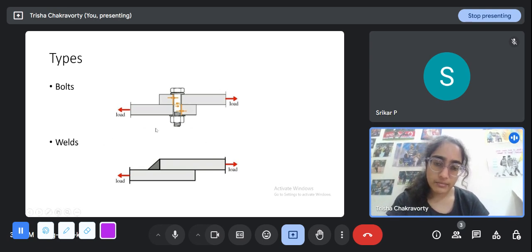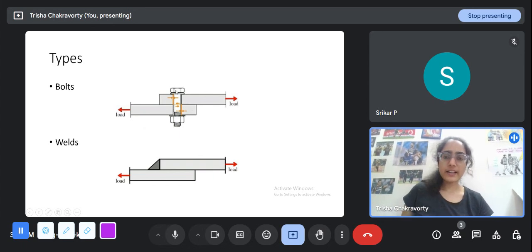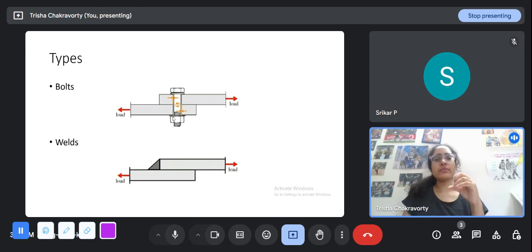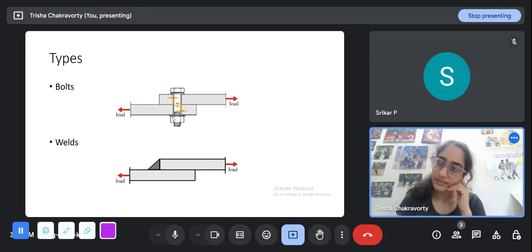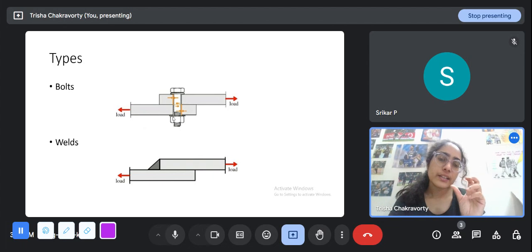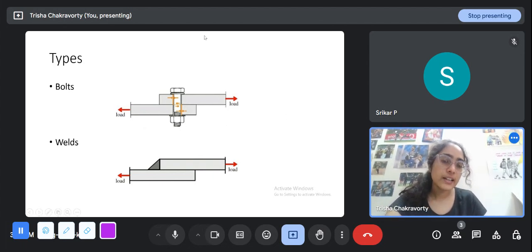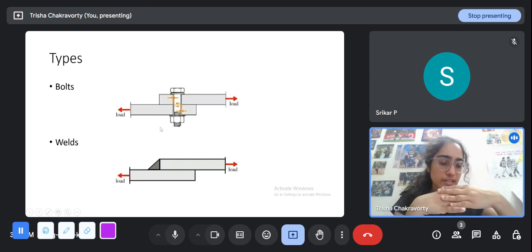The bolts are separate entities consisting of a shank and a head, and then it is tightened with a nut so that the bolts act with two different types of actions. One is the friction type bolts, where the nut is tightened sufficiently so that the plates, this could be one leg of an angle, this could be the flange of an I section, whatever we are connecting together by the bolt.